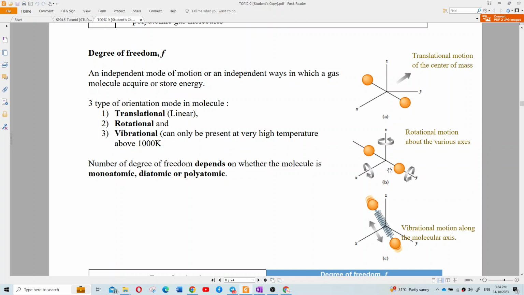I showed you different kinds of rotation. It can rotate around the x-axis, the y-axis, and the z-axis. Vibrational motion is only above 1000 Kelvin.